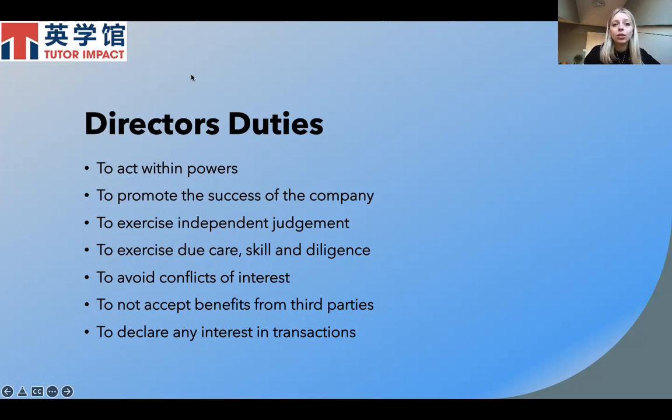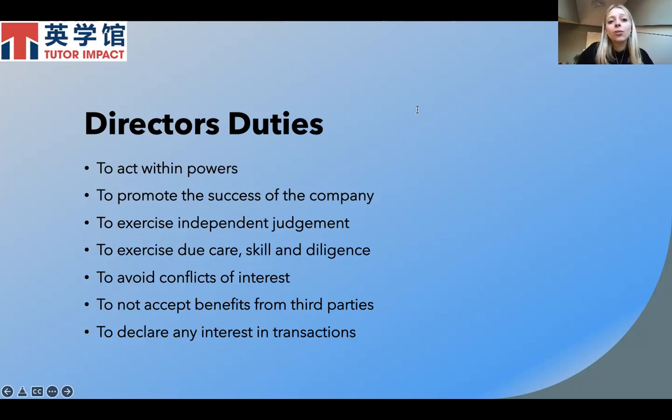However, there is an exception to this rule, and this is where the company authorizes the director to have a conflict of interest. So, for example, if a director was making £500 out of a deal, obviously this would be a conflict of interest, but if the company allowed this, then there wouldn't be a breach of duty here.